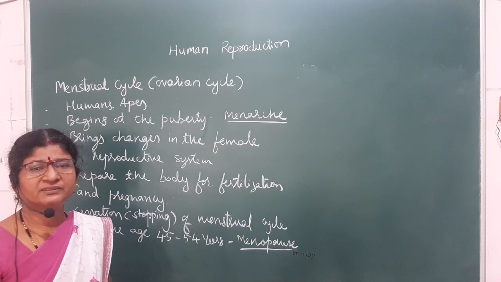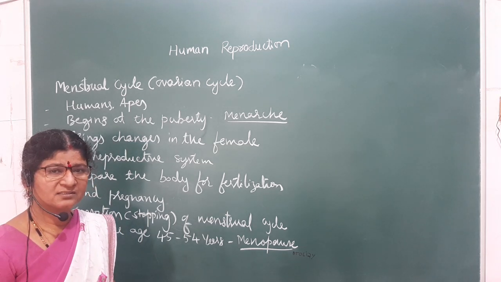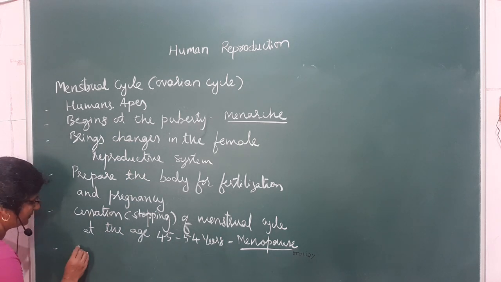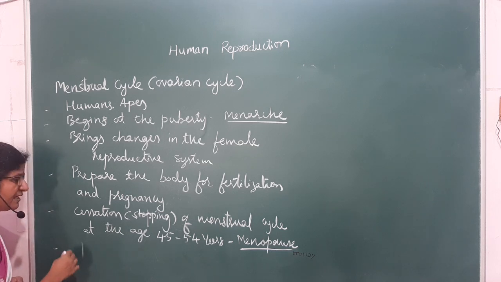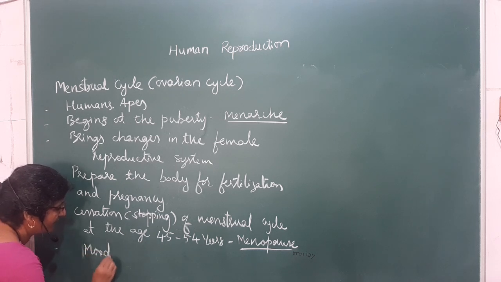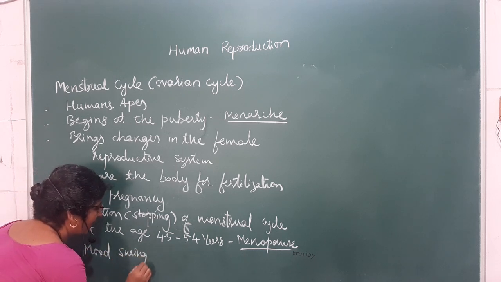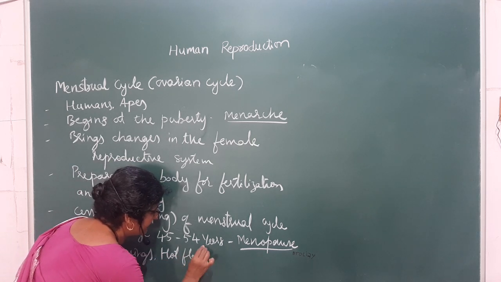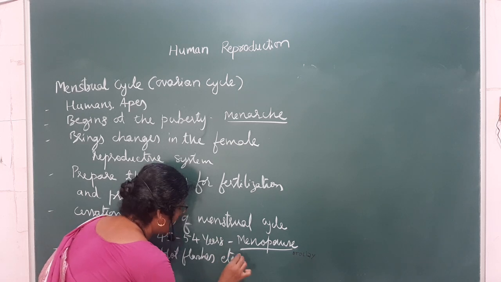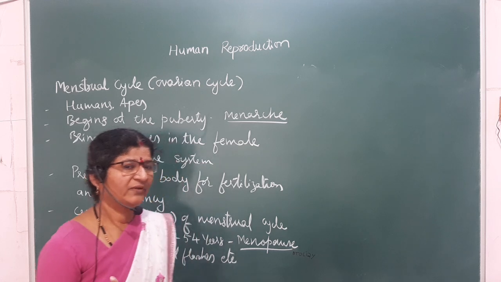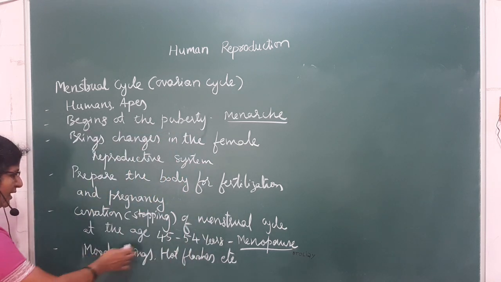Some people may suffer with heavy bleeding, mood swings, hot flashes, etc. Hot flashes, the temperature of the body will increase, and which is seen in the face. So that is about the menopause.